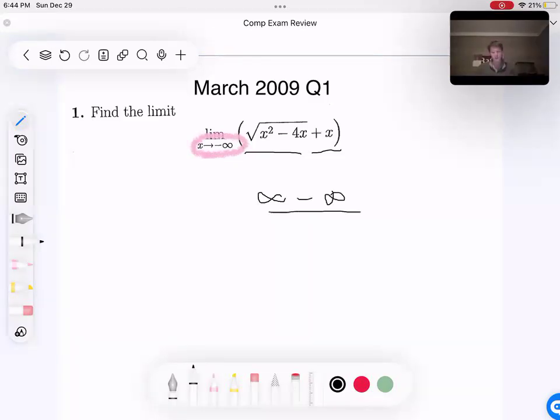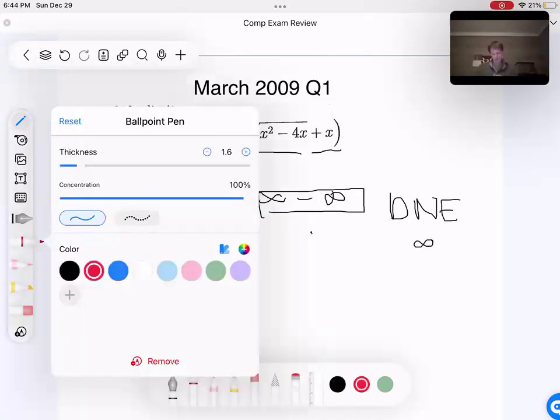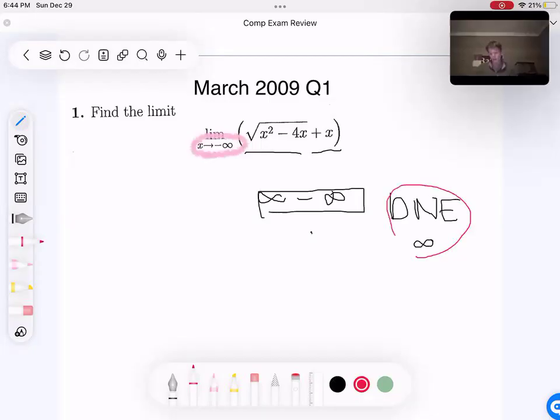So a lot of people, when they see this, might think, oh, it does not exist, or it's infinity. That is not true.